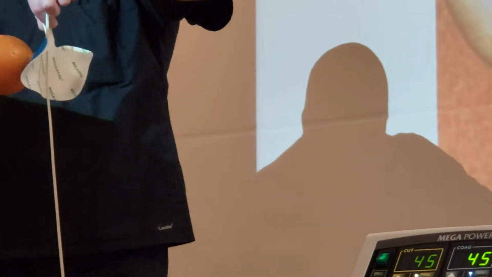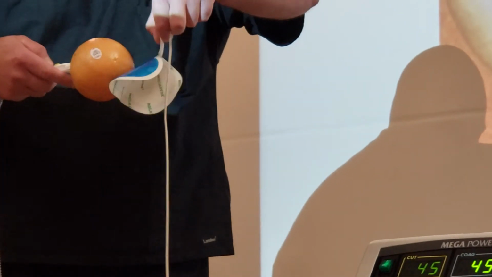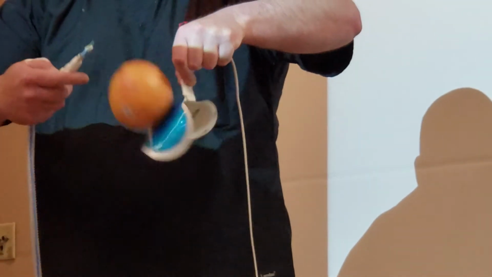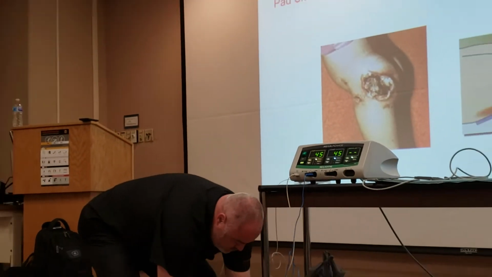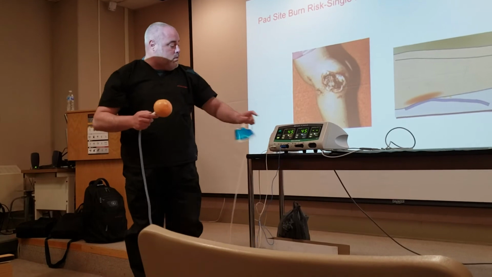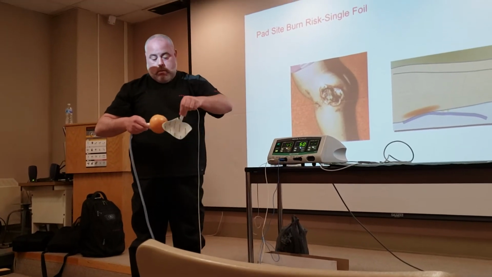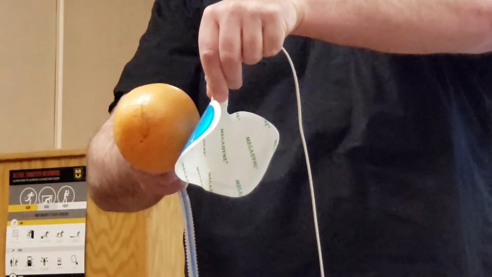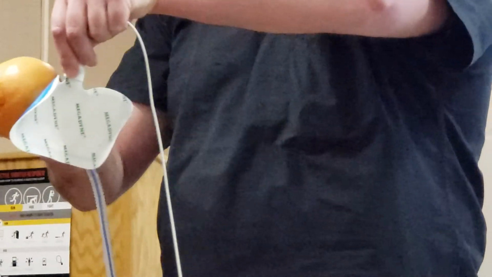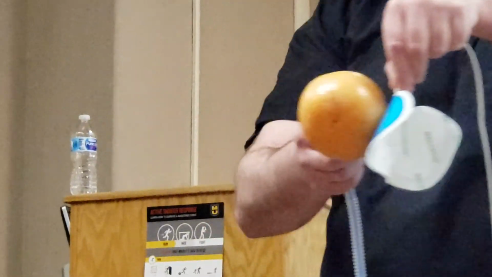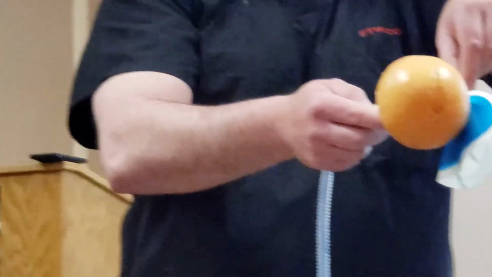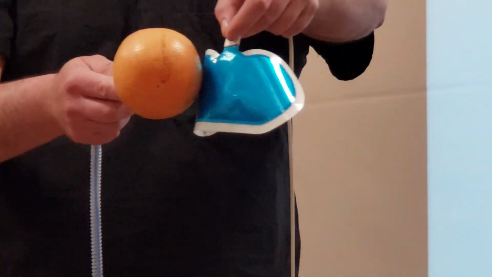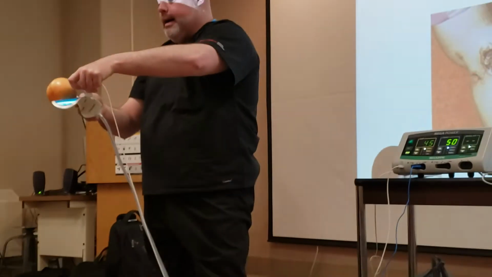Everybody see what's happening there? I have very minimal contact and it's starting to smoke. See that? Can everybody see the electricity? So this is the problem with single foil pads.